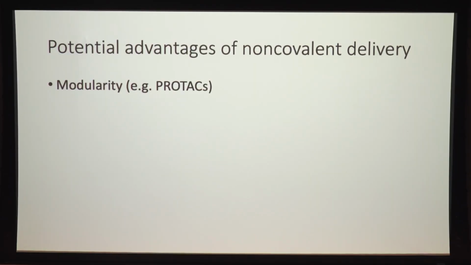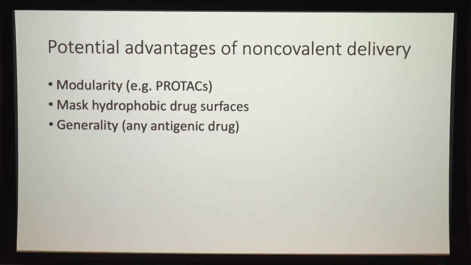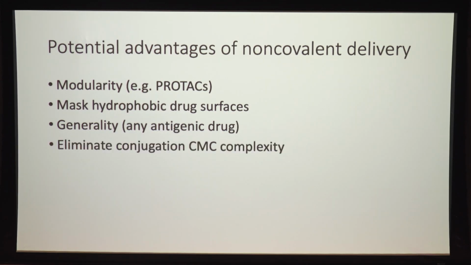And so the potential advantages in the example of PROTACs is they have common handles on them to bind to the E3s. You can actually block off some of the hydrophobic surfaces of these drugs that give them such poor PK. This could actually be developed for any drug that you can make an antibody against.